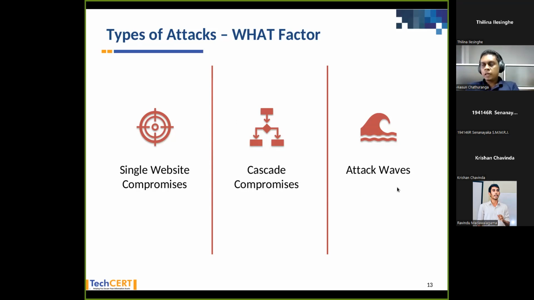Attack waves often come in two scenarios. I previously told you that websites are often built with CMS, content management systems, and these have plugins and core bundles. Regularly, the maintainers of these systems release security updates, which address security vulnerabilities they have found in their platform.